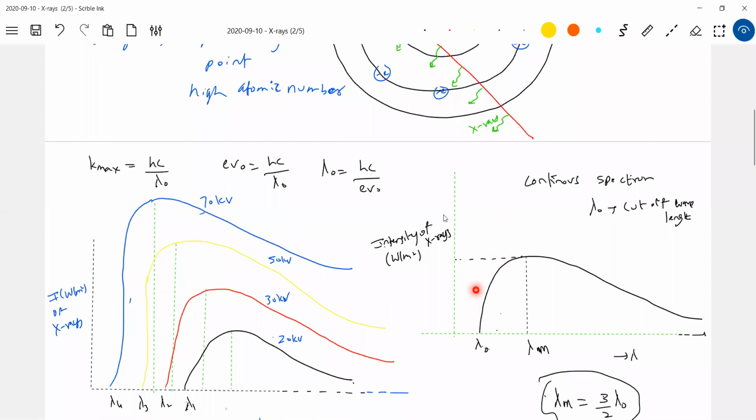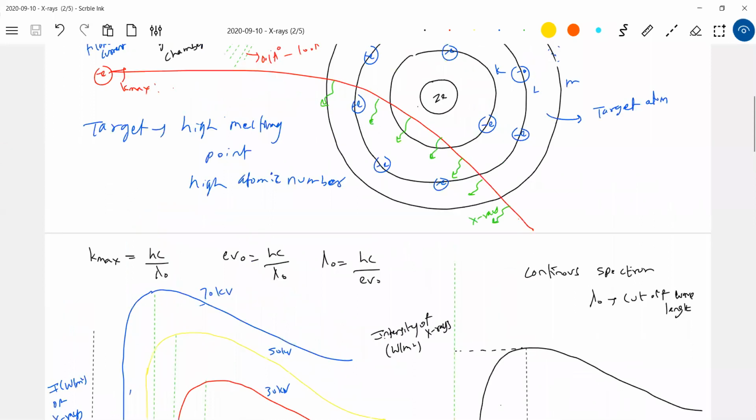So shall I control the quantity of X-rays? How to vary the intensity of X-rays? Don't say, sir, I'll vary the accelerating potential. So how to increase the intensity of X-rays? Just increase the filament current.